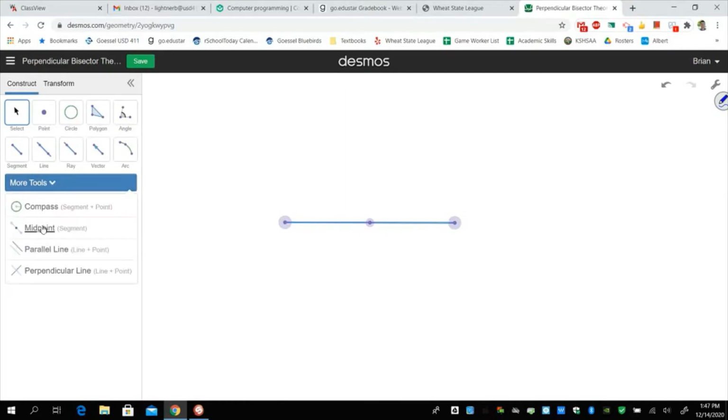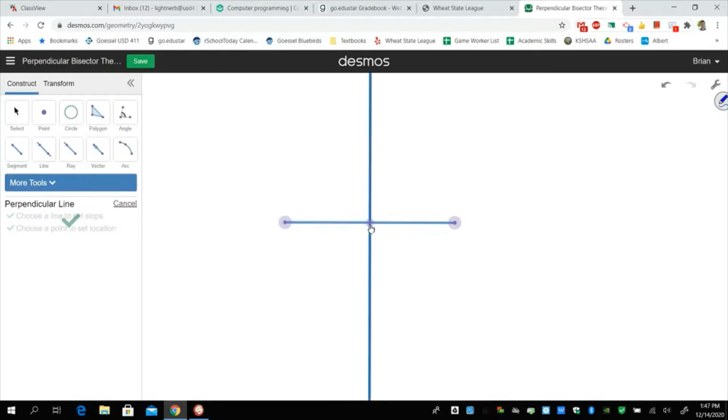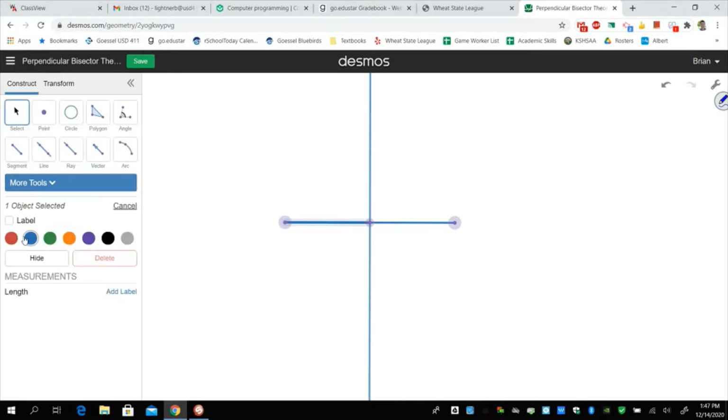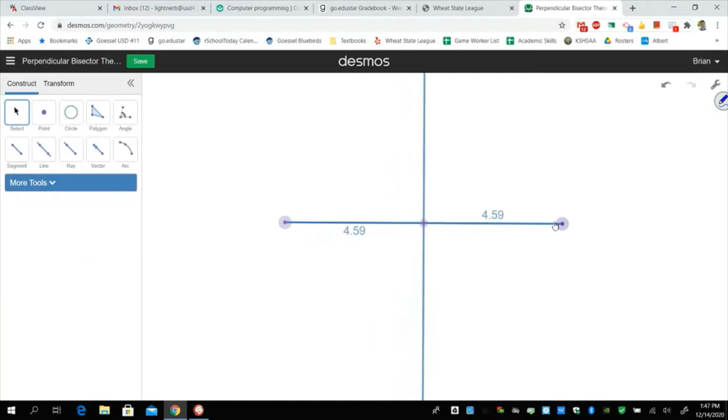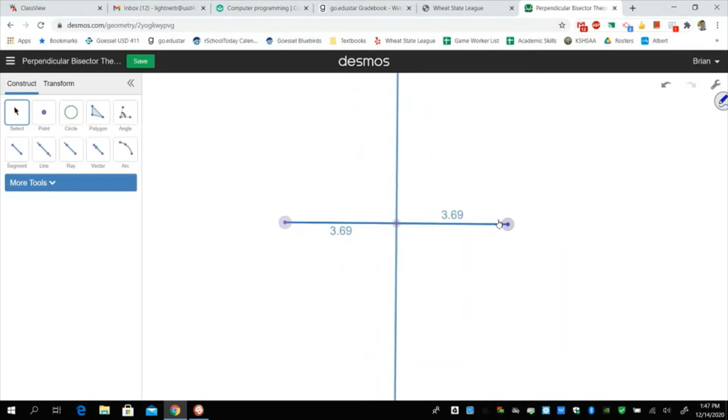Now I want a perpendicular line, so I'll select the line, then the point, and I have a perpendicular bisector. I'll turn the distances on so you can see that it is 2.81. No matter how wide that is, that line stays a perpendicular bisector.